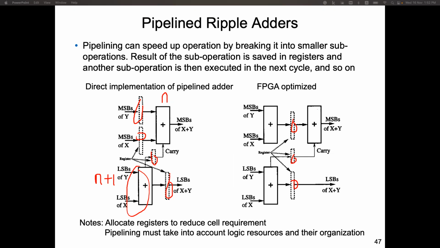Then this MSB adder, this another adder is used to perform the addition of this value and this carry output value. So when this third stage is operating on some data, the first stage is working on the next sample. This is a pipeline operation.